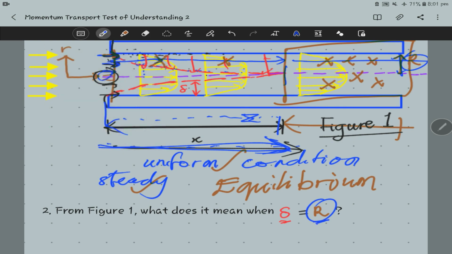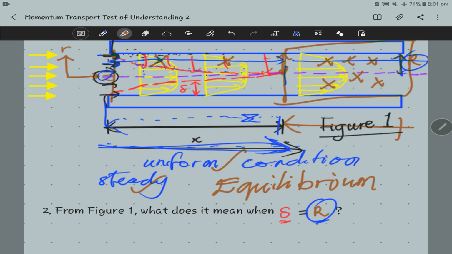Any guess? What is happening is that when the boundary layer thickness here is the same as the internal radius of the cylinder, it means that we are entering the fully developed region. We know from here to here is the entrance region.